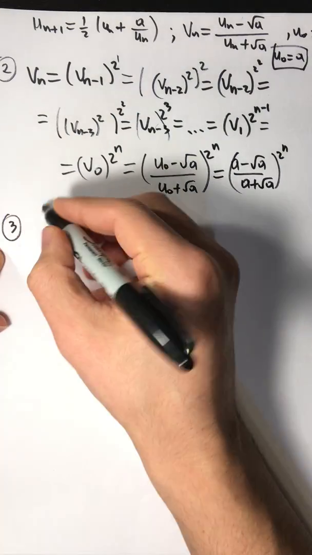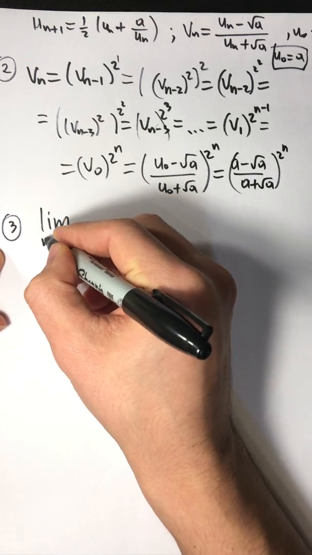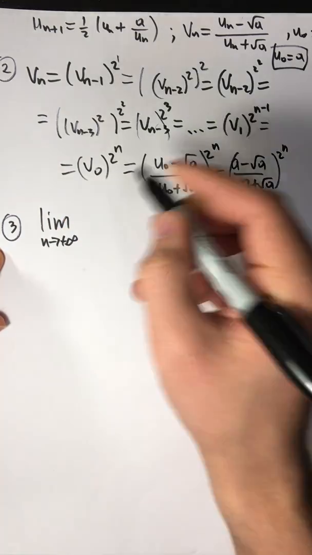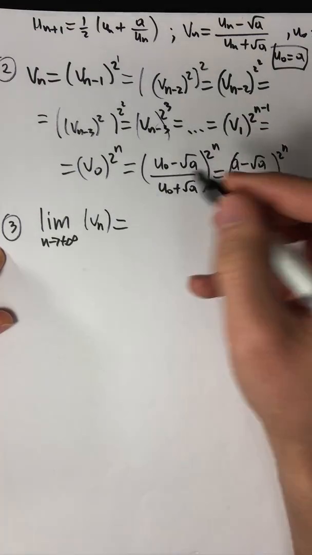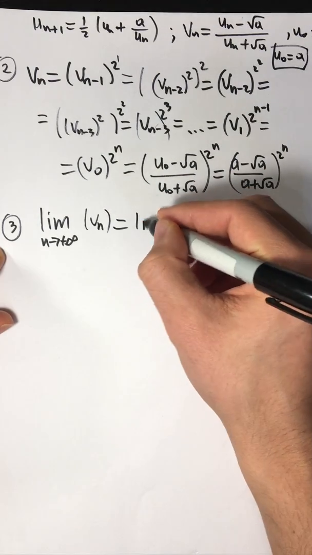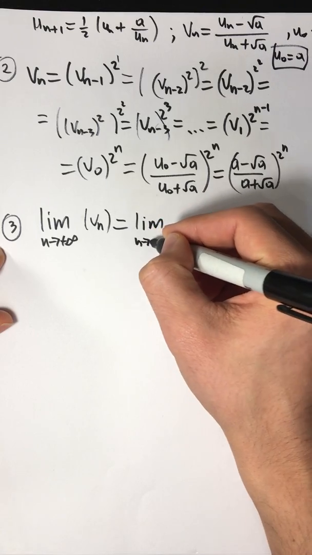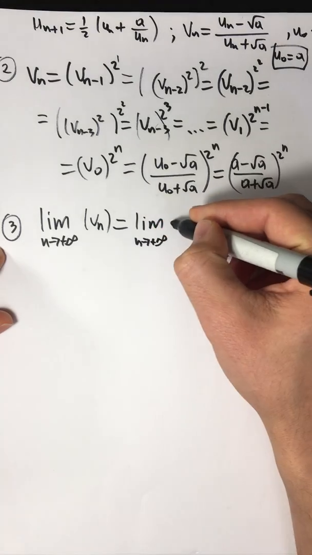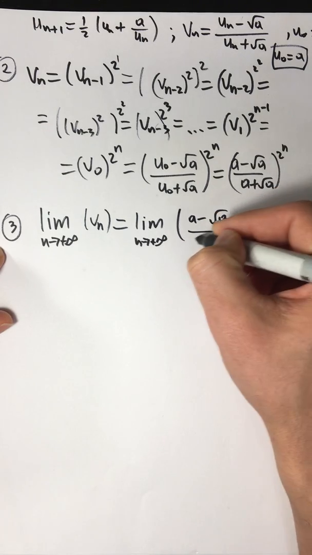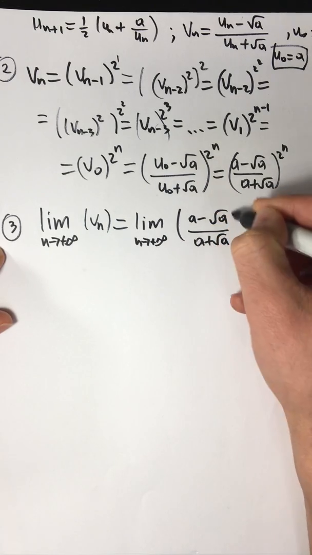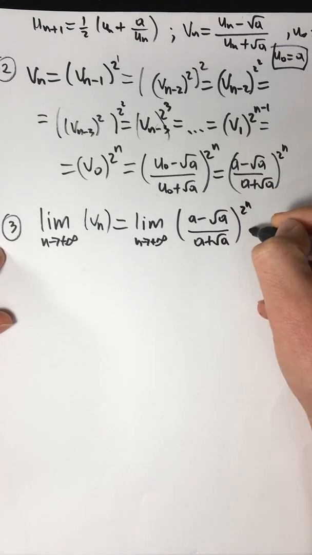Now number 3, we need to calculate the limit as n goes to plus infinity of v_n. It's the third question. And what is v_n? According to this, v_n is equal to a minus root a divided by a plus root a, to the 2 to the n.